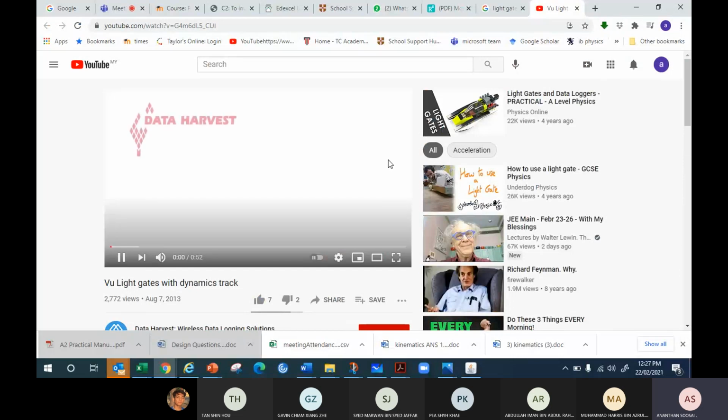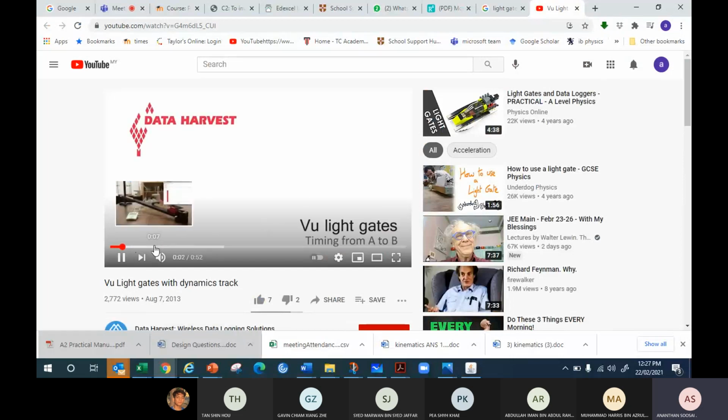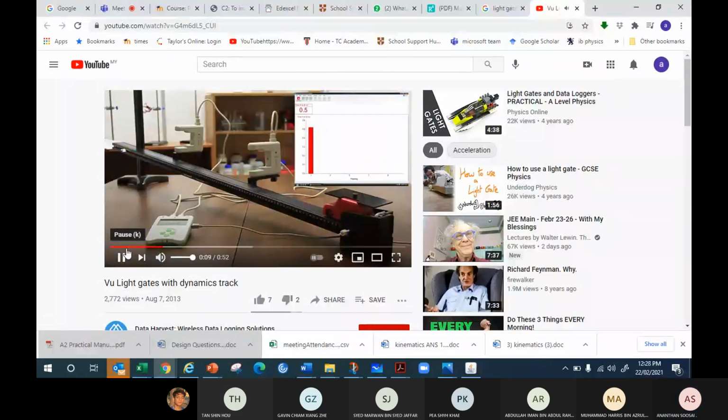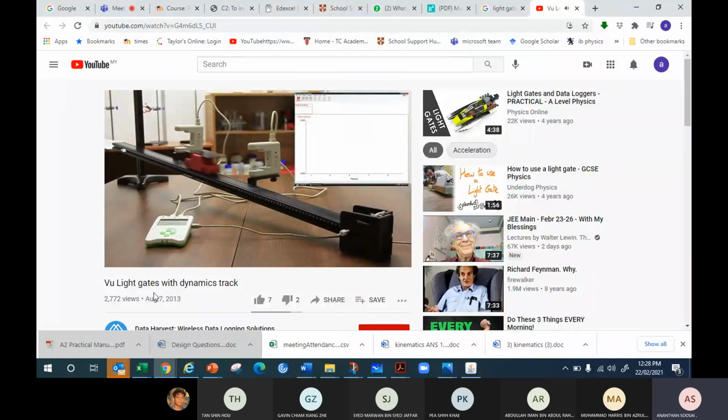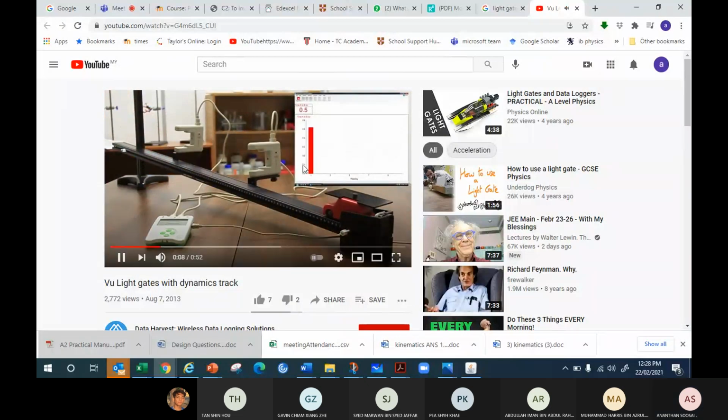Maybe I can show you the video. See, put the trolley there. So you give the time interval. In this case, they put a speed. Drop. So it gives a time interval between these two locations.